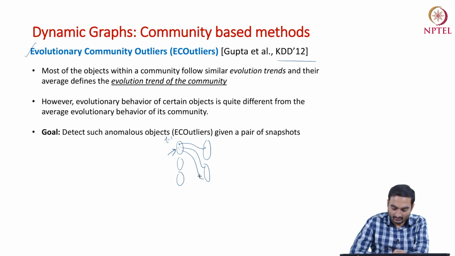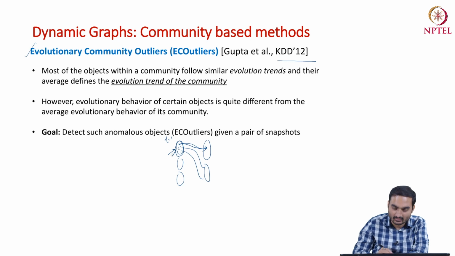Generally, if this community is a normal community, its constituent nodes also behave similarly throughout the timestamps. Say this node will move to this node.